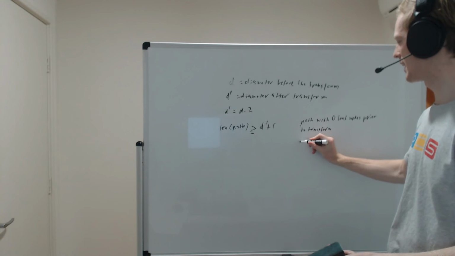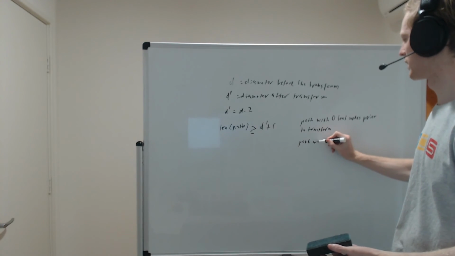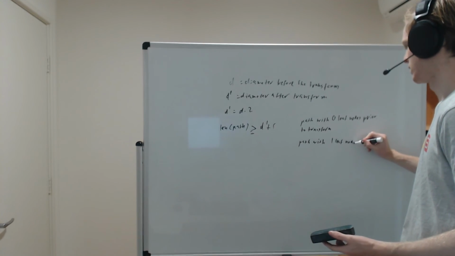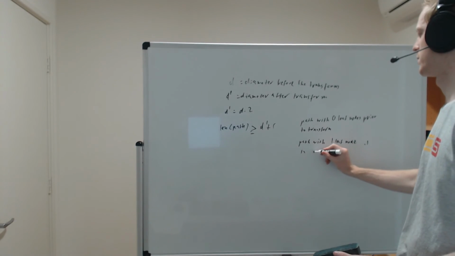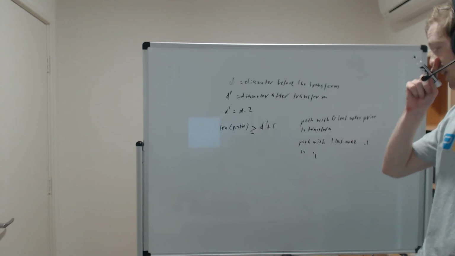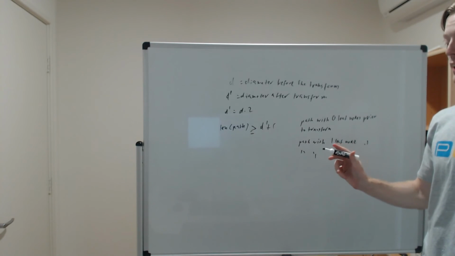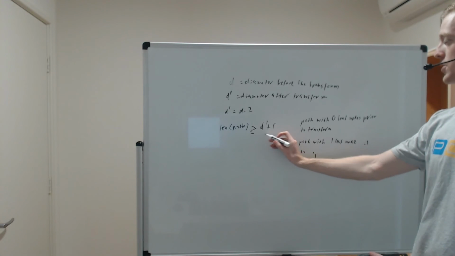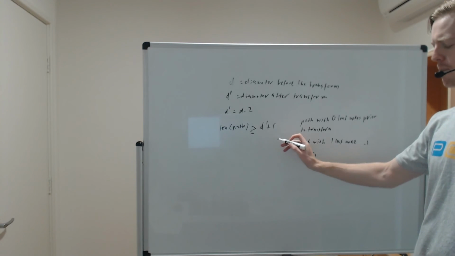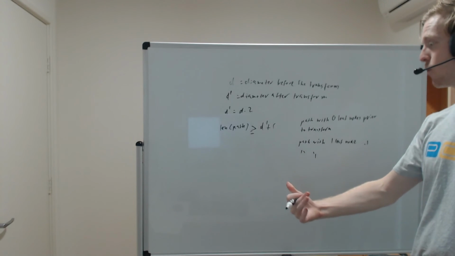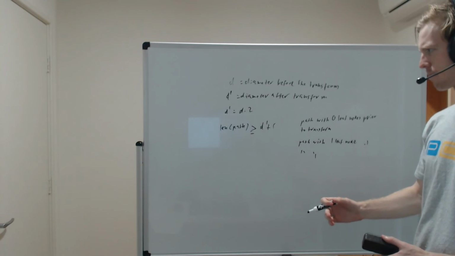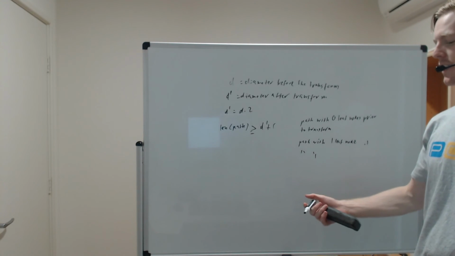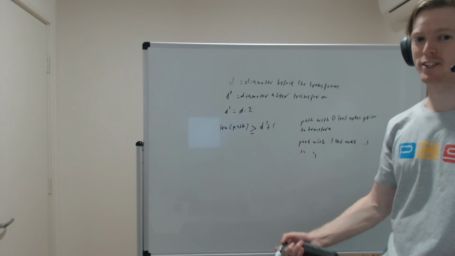We'll see a similar case with 1 leaf node prior to the transform. If it has 1 leaf node, then it again must reduce down to d prime plus 1. So its length before the transformation must have been d, in which case it's already a diameter.